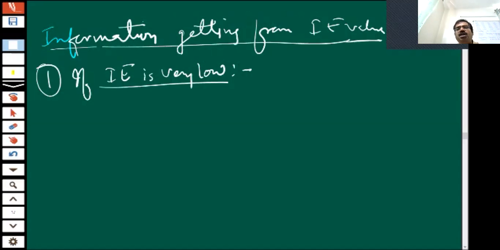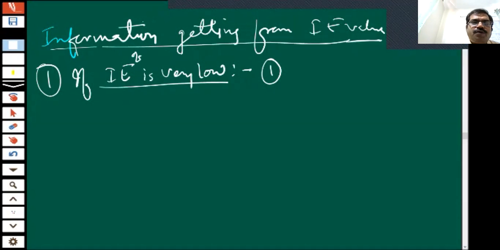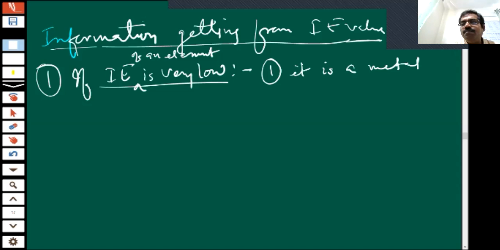But if the ionization energy of an element is very low, then it is a metal. We can understand that it is a metal.